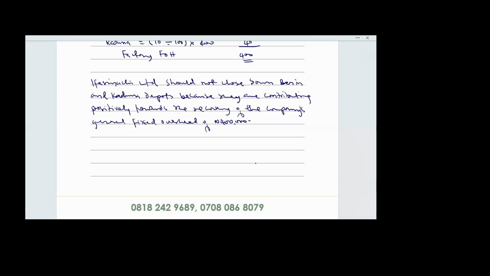Okay, so we need to go further. Currently, the overall net profit of Ife Sinachi is 118,000 naira.